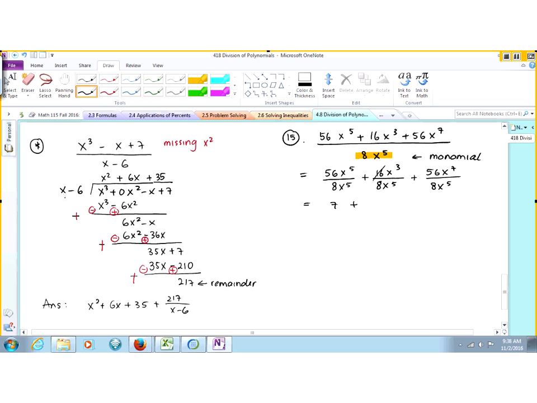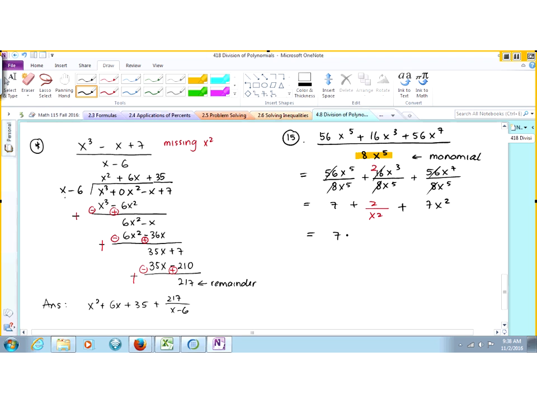Okay, what about these? The 16 and 8 will cancel, and you're left with 2. And then what about, I have x cubed and x to the 5th here. Yes, so 2 over x squared. And the last one? 56 divided by 8, that is 7x squared.